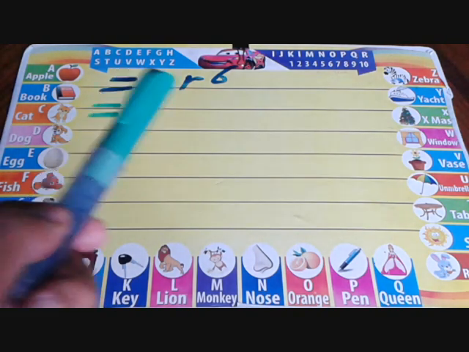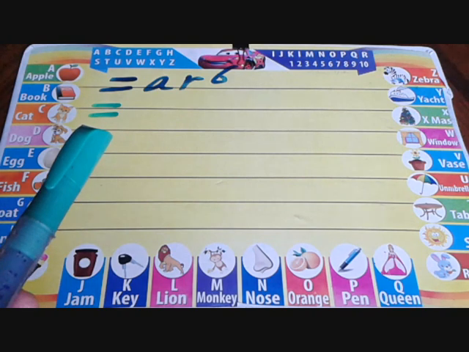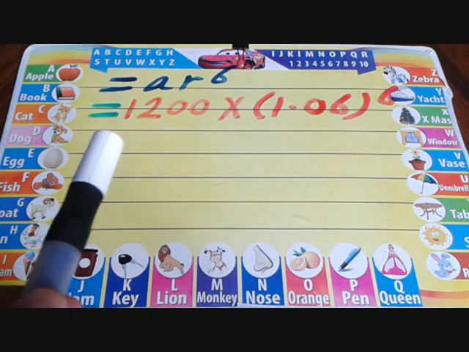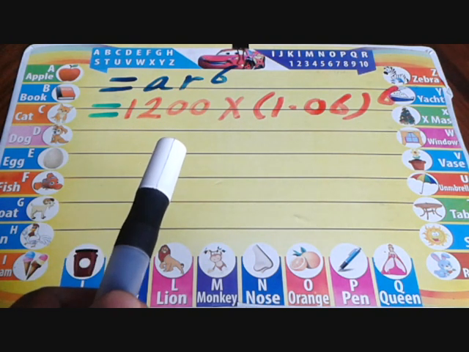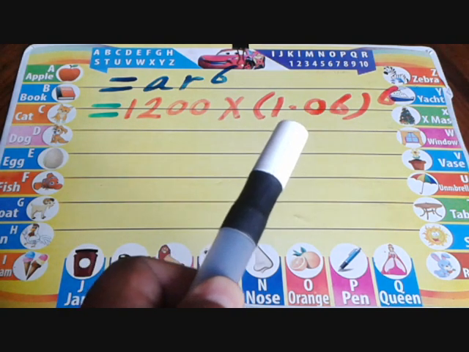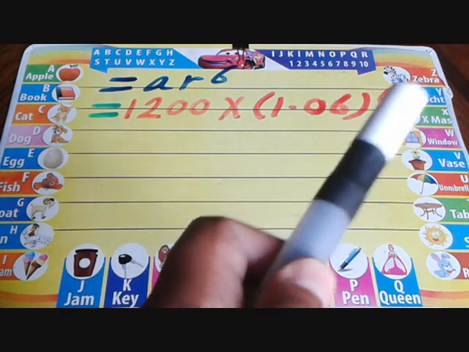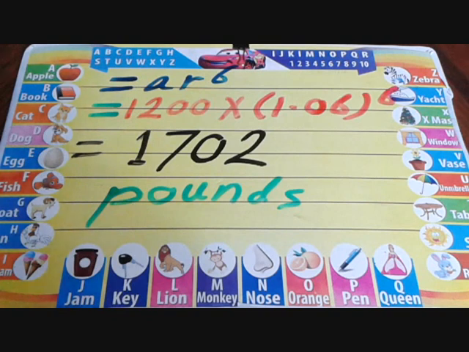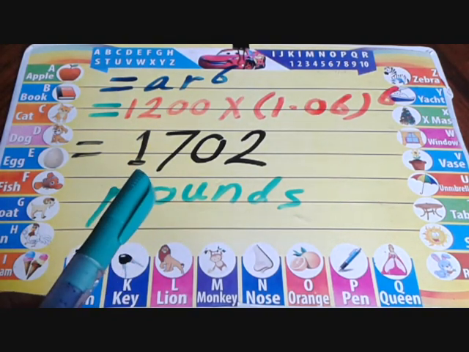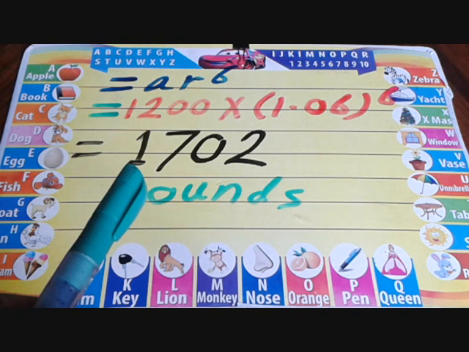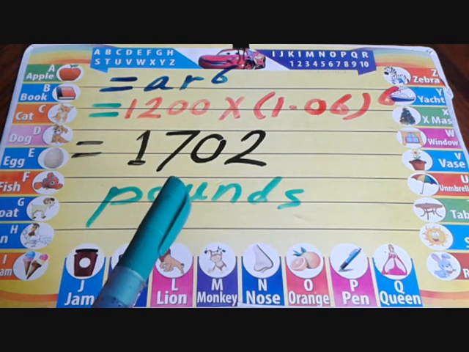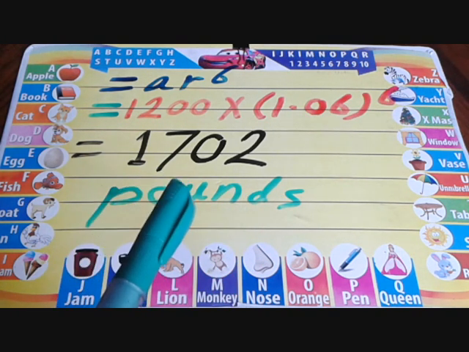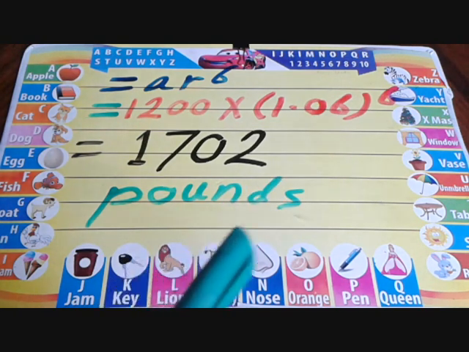This equals 1,200 times 1.06 power 6. By using a calculator, you obtain 1,702 pounds.